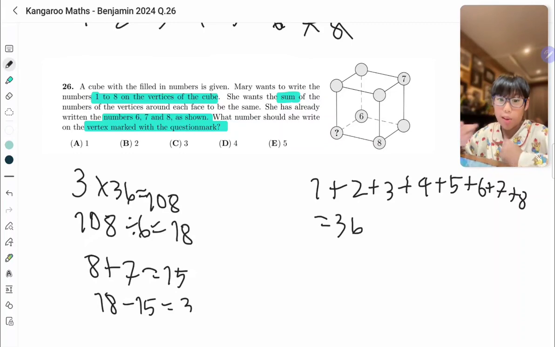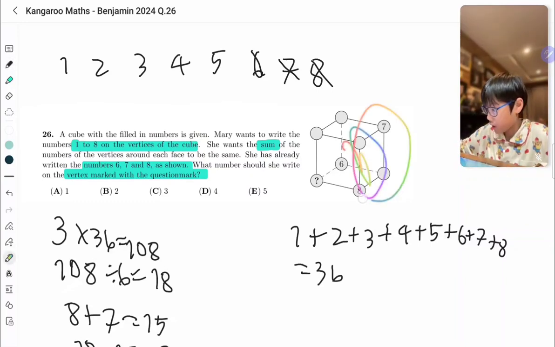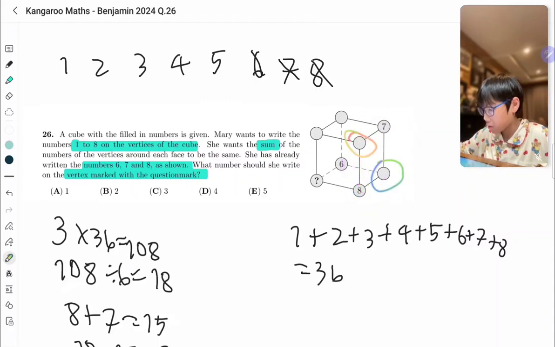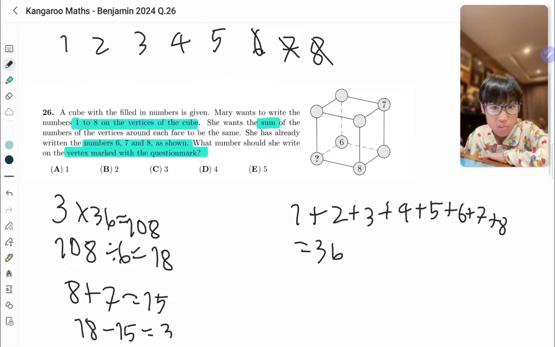And of course, we all know, all children probably know, that right now the only two numbers that we can use to make 3, because by the way, there are 2 slots, because I'm talking about this face, this one, and there are only 2 slots left. That's why you need to use 2 numbers, which would mean we need to use 2 and 1.